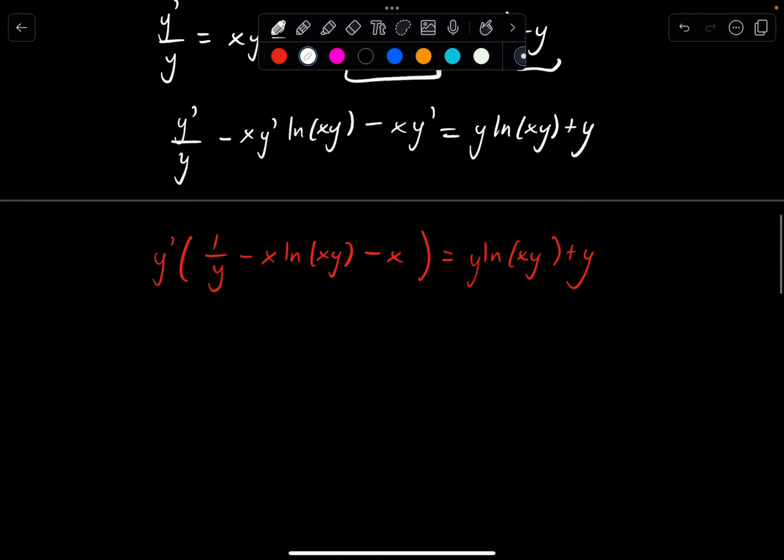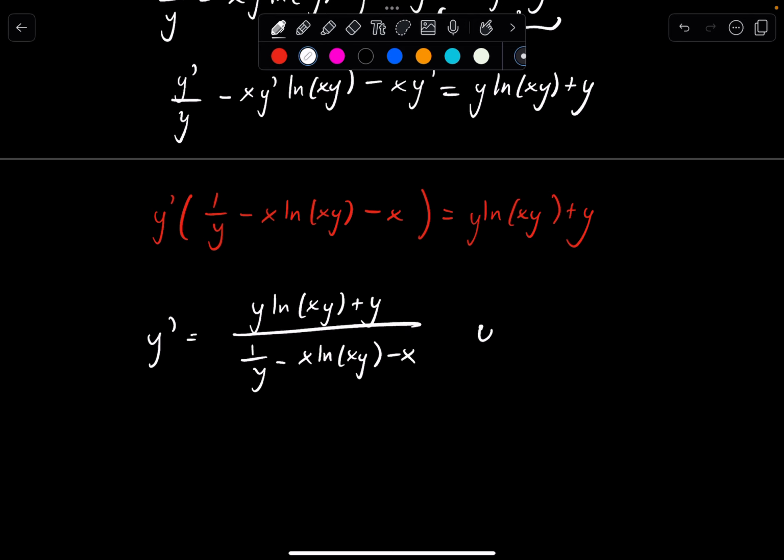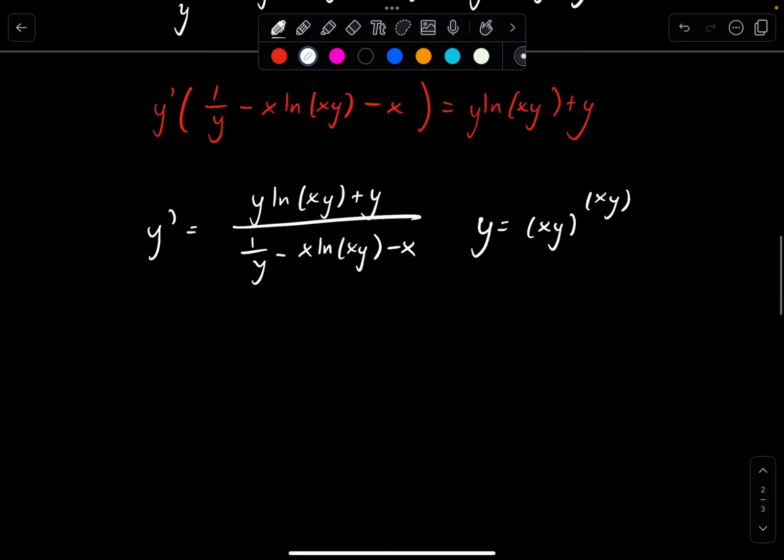And now to solve for y prime, we have y prime is equal to (y ln xy plus y) all over (1 over y minus x ln of xy minus x), where y is equal to (xy) to the power of xy. And you can rewrite that however you want, but just for these purposes, we'll leave it in this form.